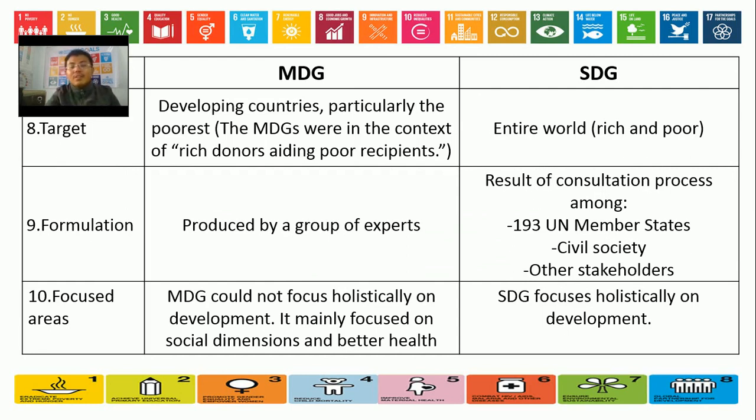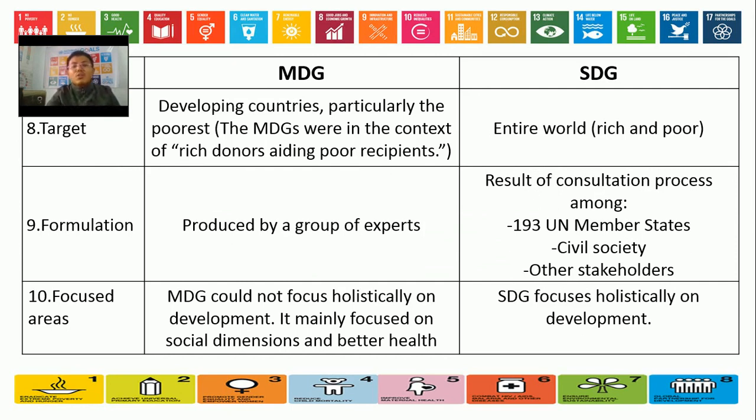The MDGs were formulated by a group of experts, which included experts from the developed countries, while the SDG were the result of a consultation process among the 193 UN member states, civil society, and other different stakeholders.